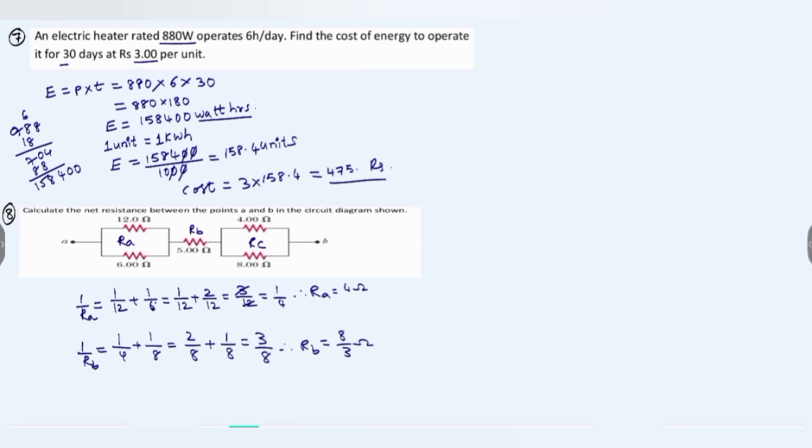Now, in the figure we have taken it as RC, so wherever we wrote RB, let us make it RC. Now finally we have to find RA plus 5 plus RC, because these three are connected in series.